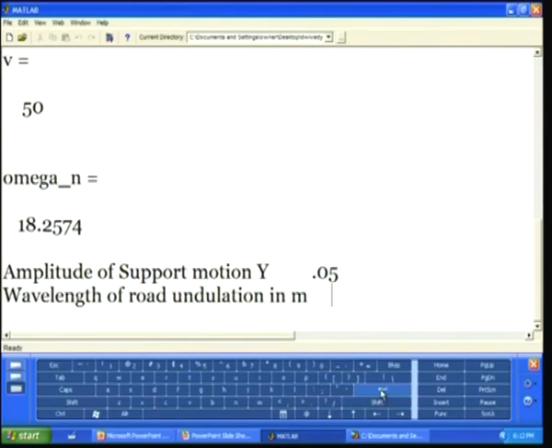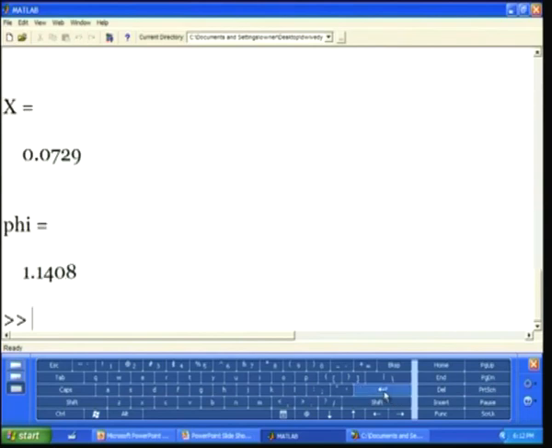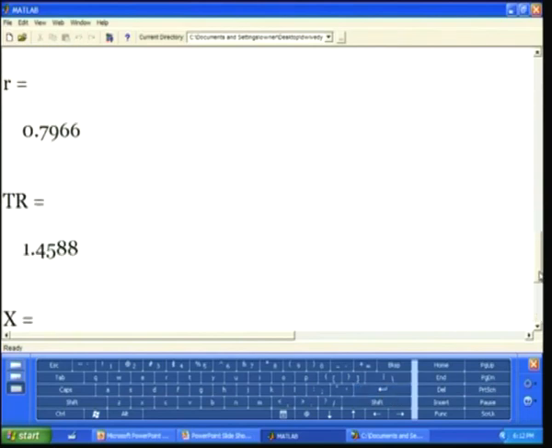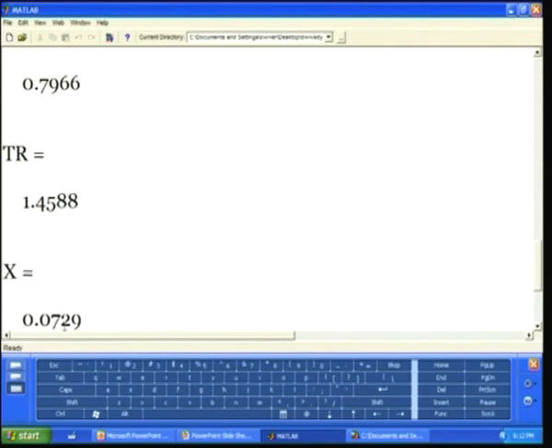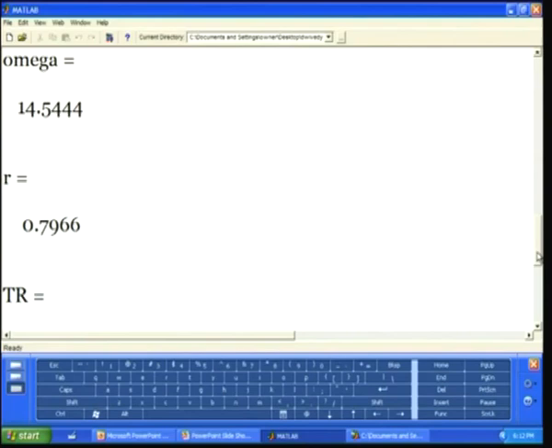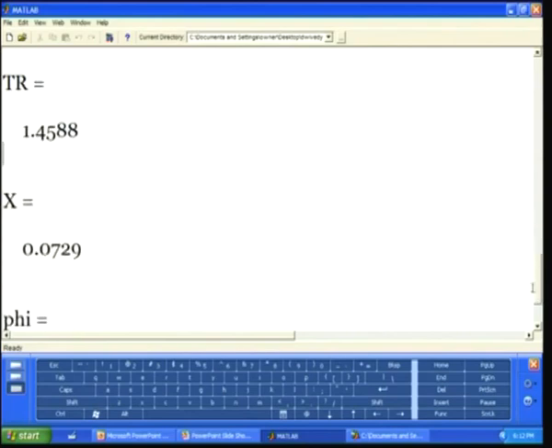Then, with the wavelength of the road equal to 6 meter, you can find the transmissibility equal to 1.4588, and then you can find the displacement of the vehicle equal to 0.0729. So, when you are taking a road with undulation 5 cm, you can find that the displacement is equal to 7 cm.